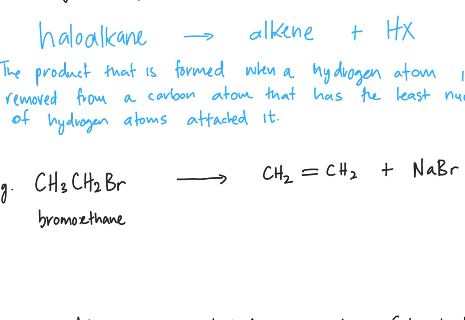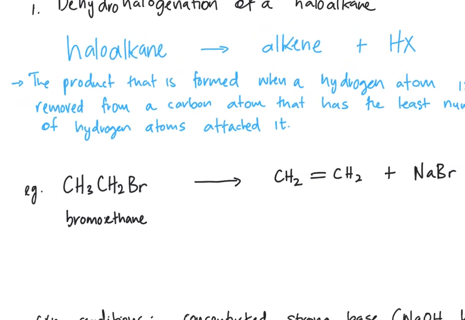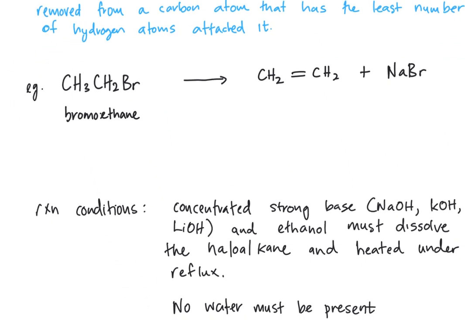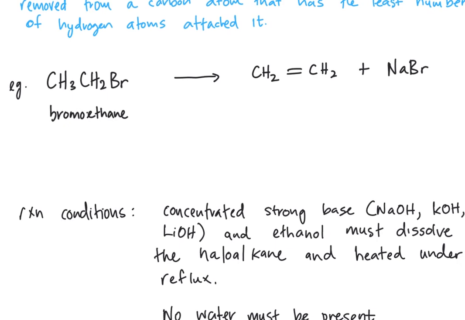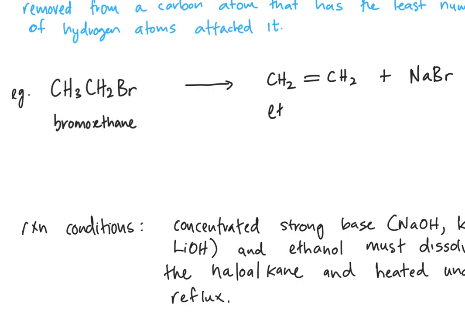Now you're wondering, where am I getting that NaBr from? Okay, so if I look at my reaction conditions, it says here that you must have a concentrated or strong base, and ethanol must dissolve the haloalkane and heat it under reflux. Okay, so when I have that, I'm going to end up with ethene plus sodium bromide.